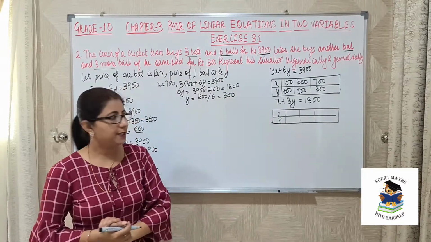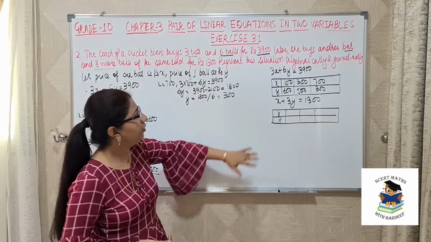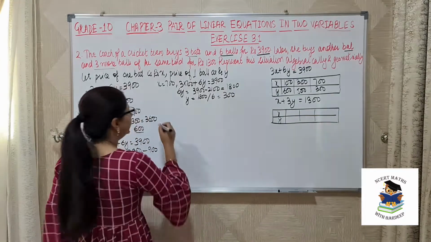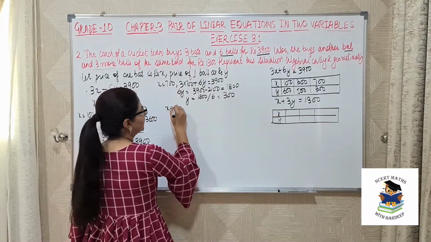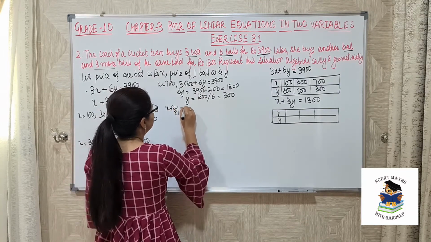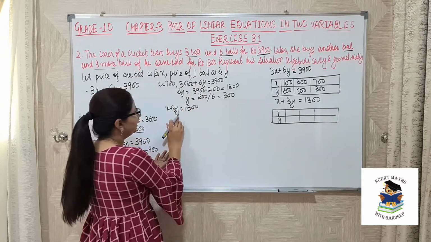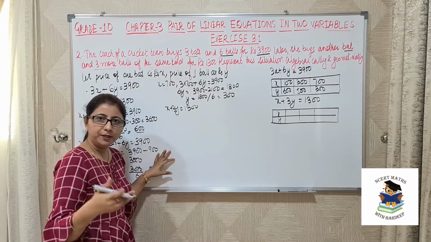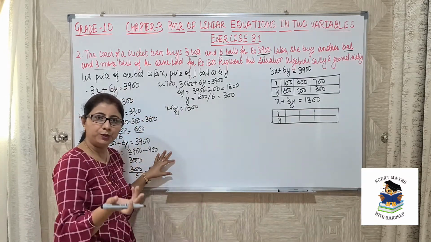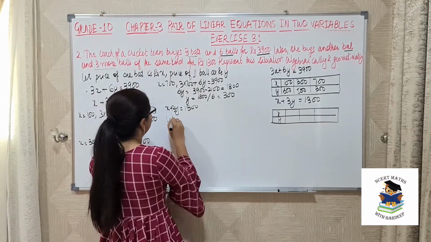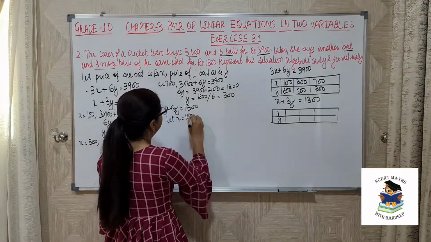Now let's move on to the second one. Here also we can see, second is x plus 3y equals 1300. So I can see here it is 3y, so I need multiples of 3. So if I put 100, 1300 minus 100 will be 1200. So let's start with x as 100 again.